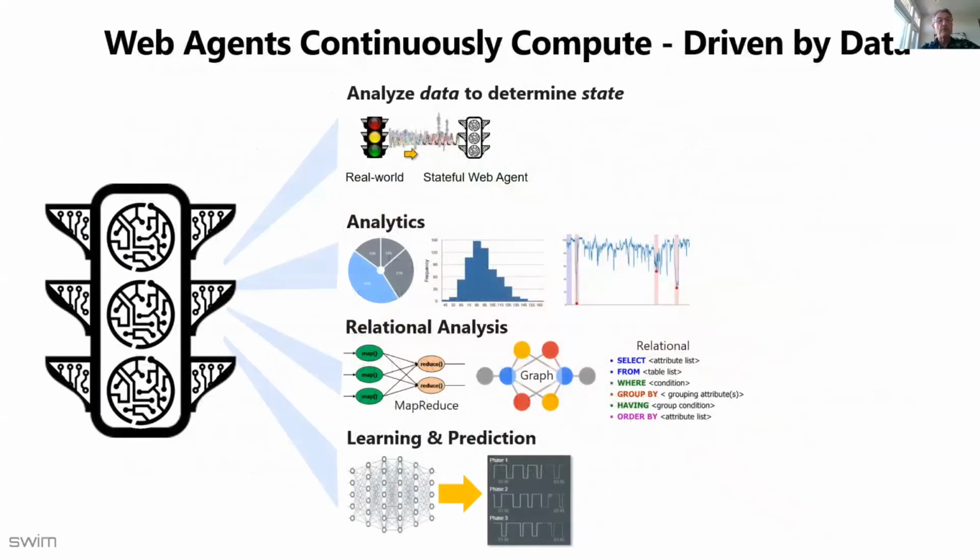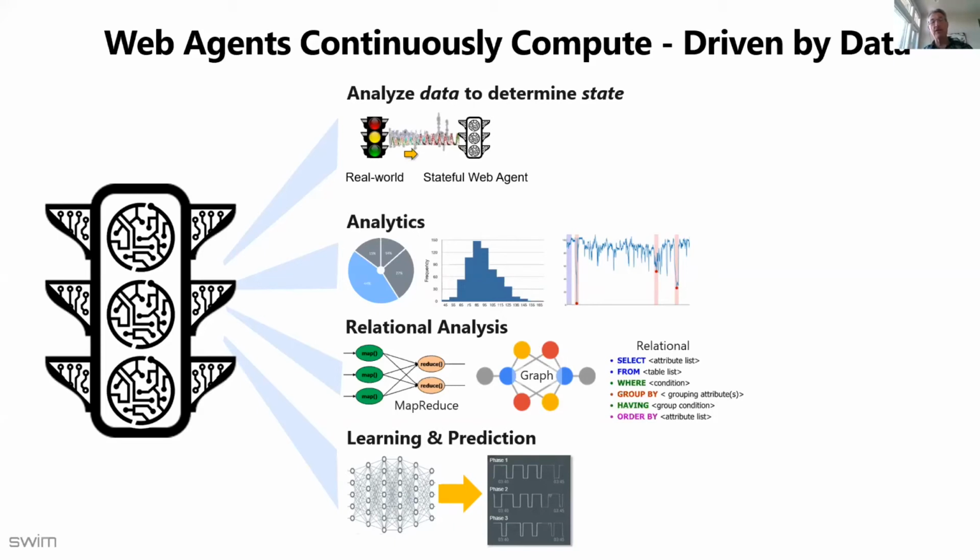So going back to my example on traffic, these web agents can do arbitrarily sophisticated things. They're computational entities, after all. So they can analyze their own state to determine, say, to go from red to green, in the case of a traffic light. They can perform all sorts of analytics.